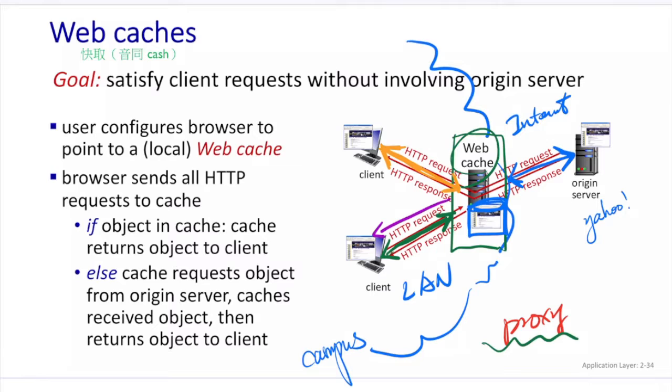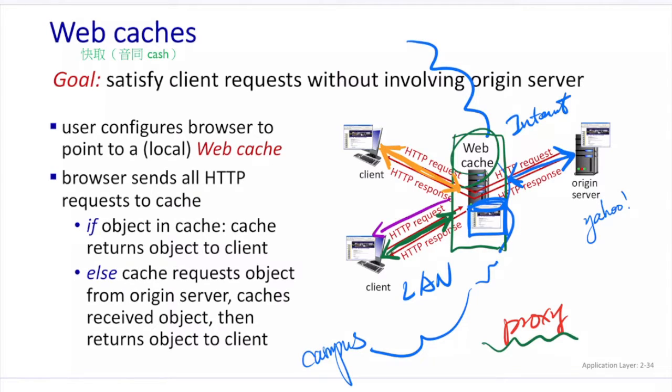The web cache will not need to retrieve the page again from the original Yahoo server. So for the third client, fourth, fifth, sixth, for example thousands of clients, when they want to access the front page at yahoo.com, the web cache, the proxy, can serve them locally rather than get the page from the internet.